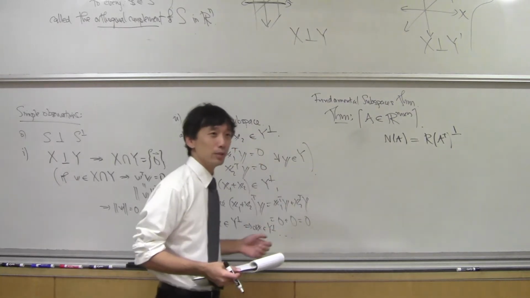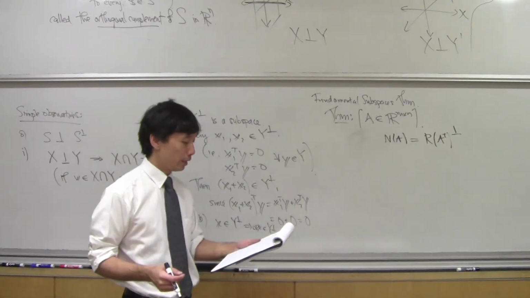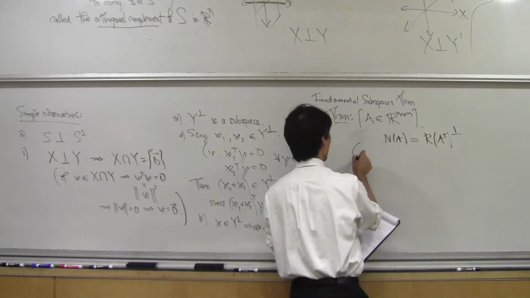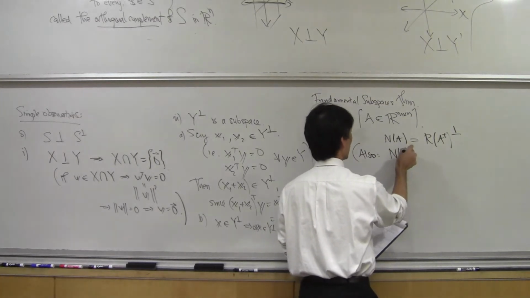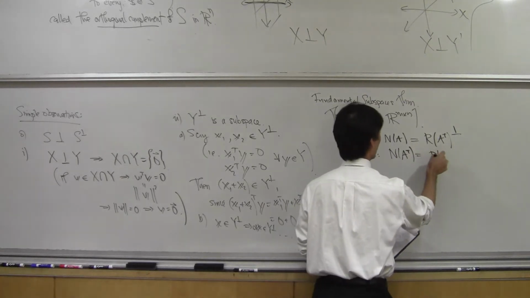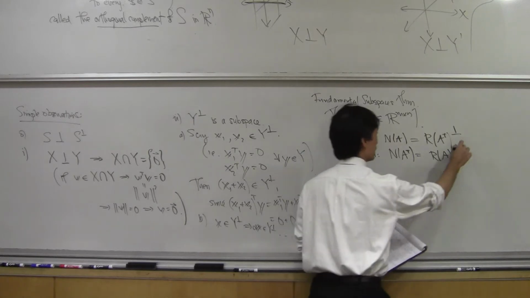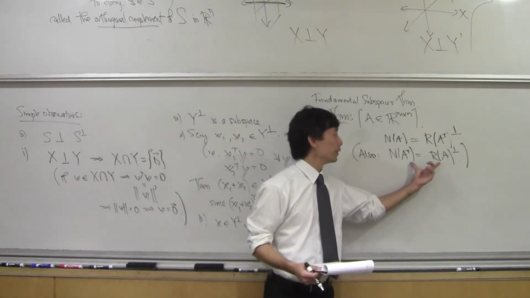We basically did this already, but let me say it again. And also, the null space of A transpose is the orthogonal complement of the range of A. Okay, so that's just a trivial consequence.